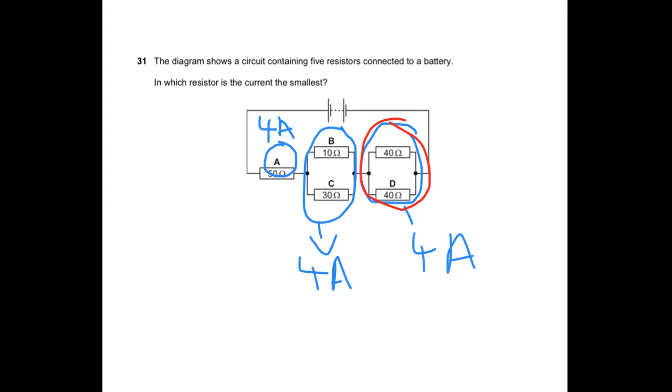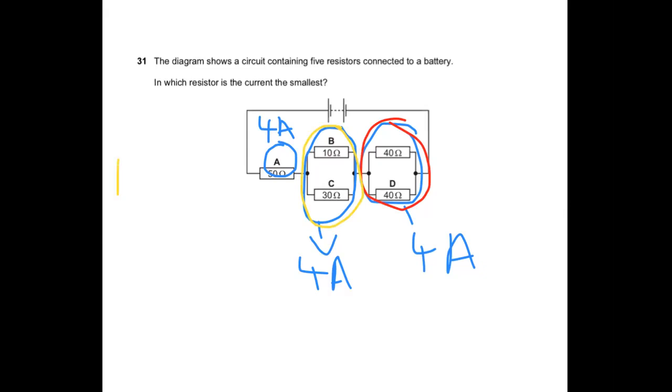However, in the middle parallel combination, the current will be divided in the ratio 3:1. More current, 3 amperes, will go through the resistor marked B because it has lower resistance and current and resistance are inversely proportional.